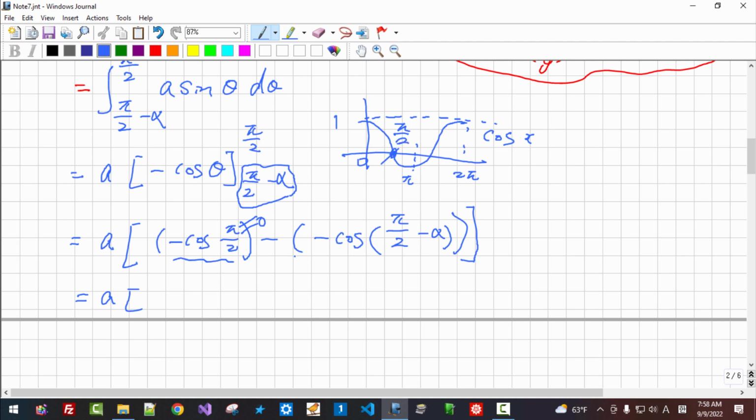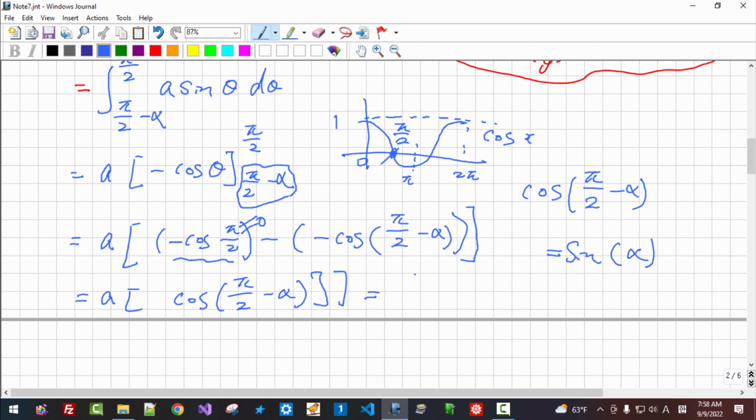So this is 0 plus cosine of pi over 2 minus alpha. We learned cosine of pi over 2 minus alpha equals sine alpha.